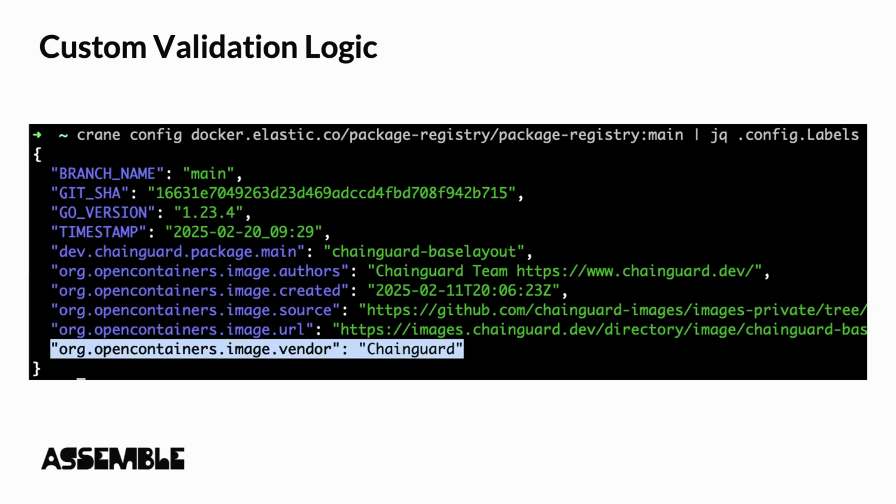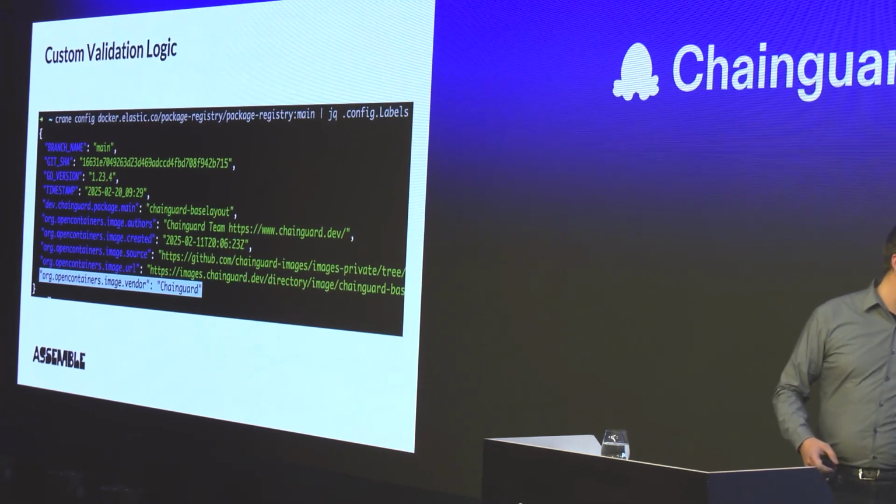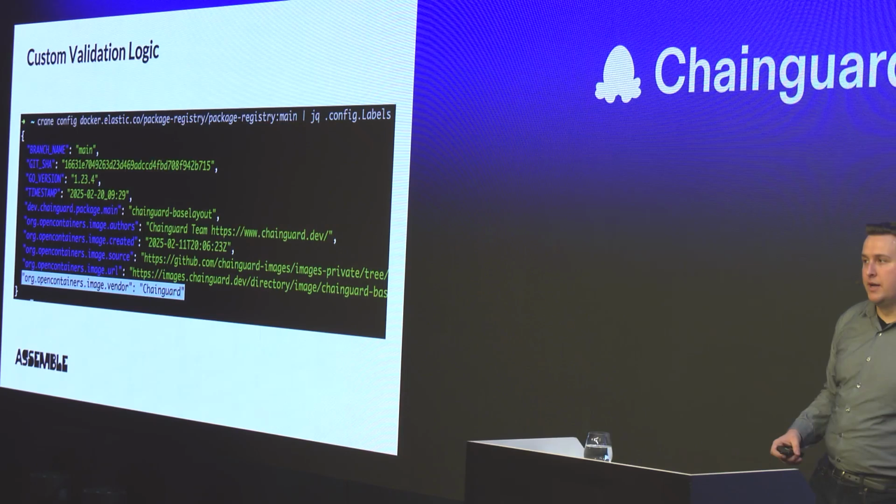And then here's the custom validation logic option, if you want to, at runtime, prevent someone from running images that aren't Chainguard or Distroless. So in this example, I grabbed an image from Elastic, actually, who happens to be a Chainguard customer. And you can see the labels on their image here have, again, org.opencontainers.image.vendor is Chainguard.